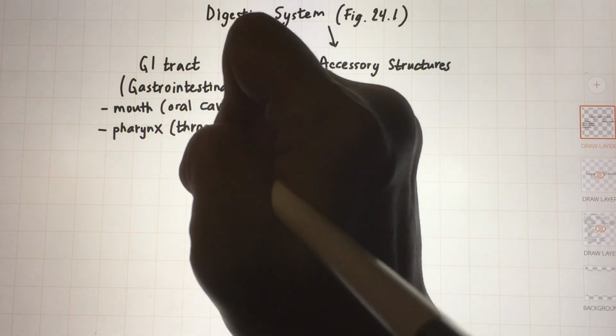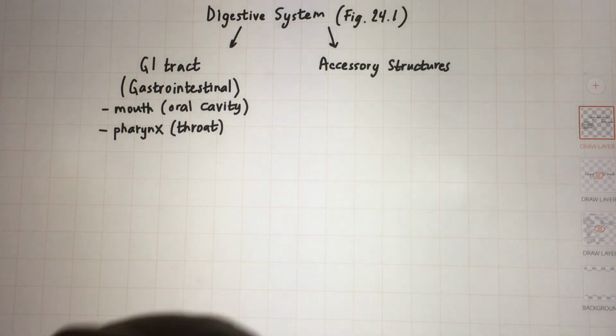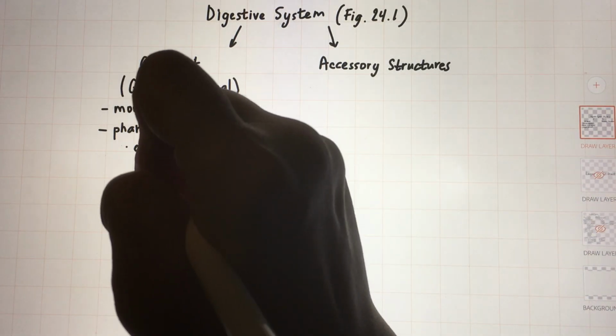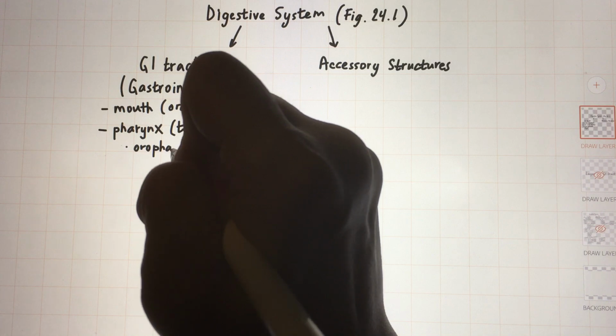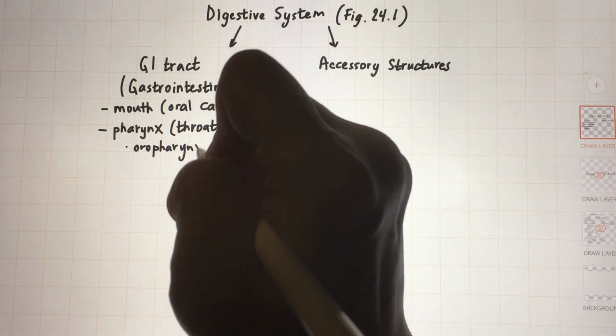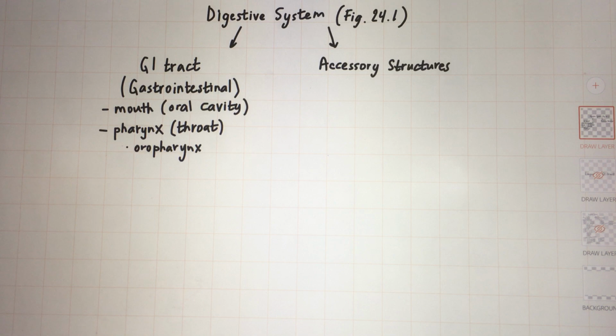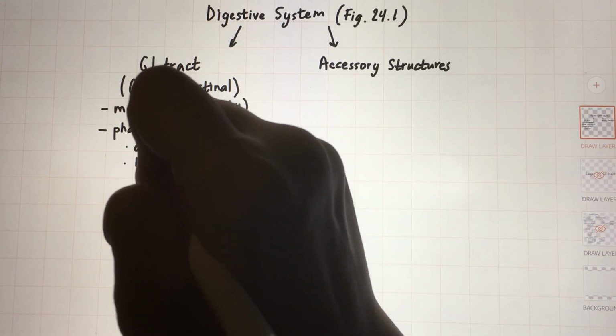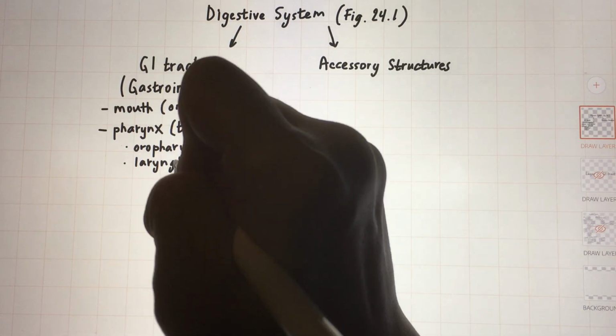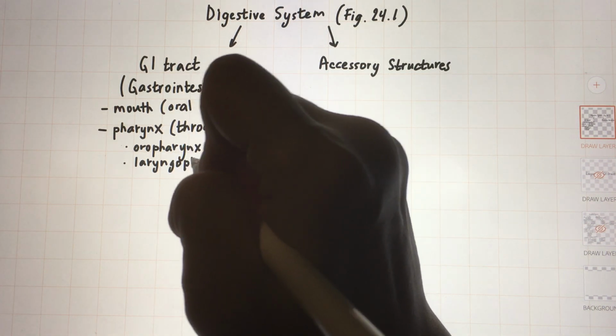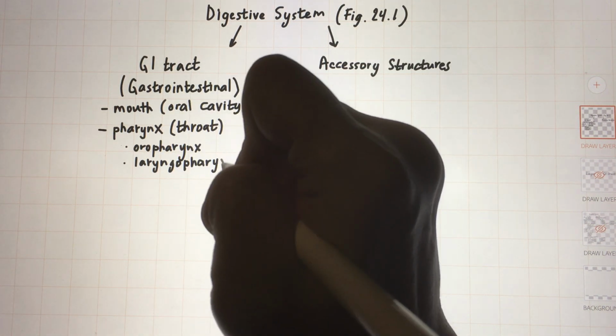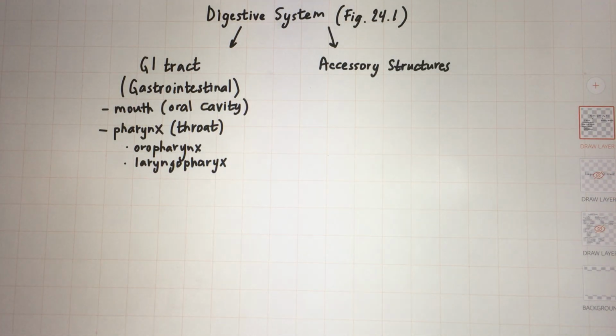And the two parts of the throat belonging to the GI tract are the oropharynx, that's the area in the back of the mouth, so posterior to the oral cavity, and the laryngopharynx. The laryngopharynx is the area deeper into the neck. It is shaped like a funnel, and it splits into two sections: the larynx, that becomes a trachea that leads to the lungs, and the esophagus, the tube that leads into the stomach.